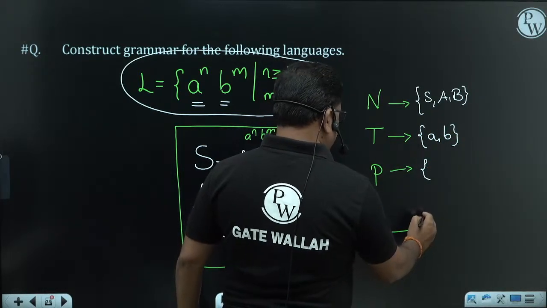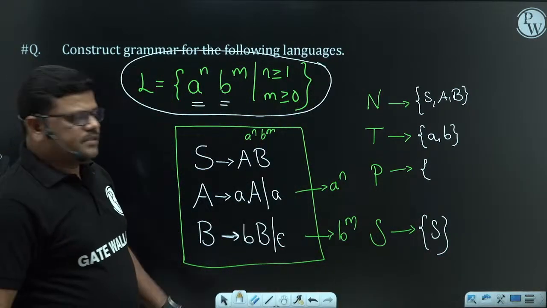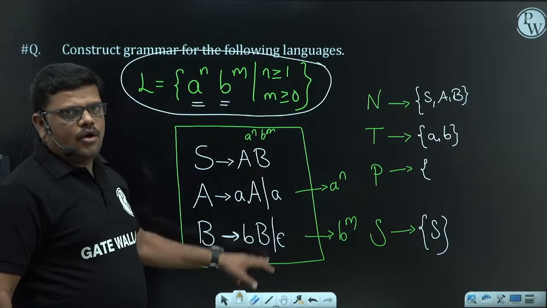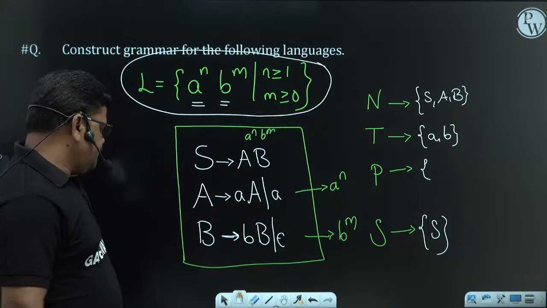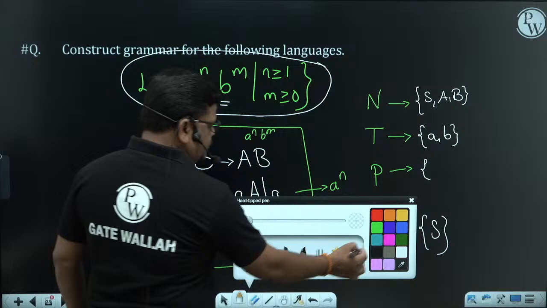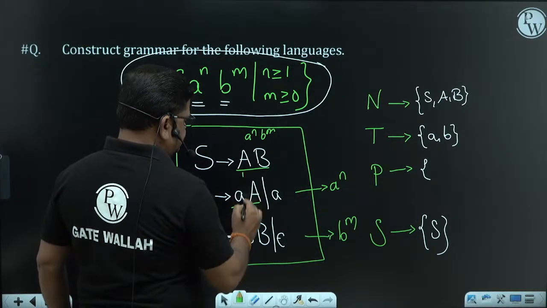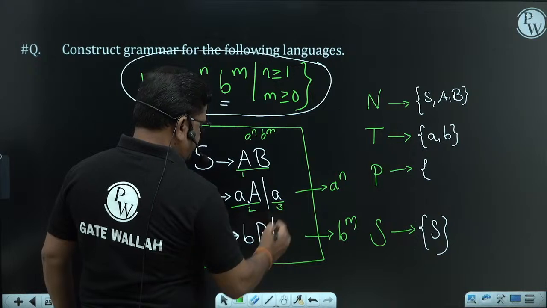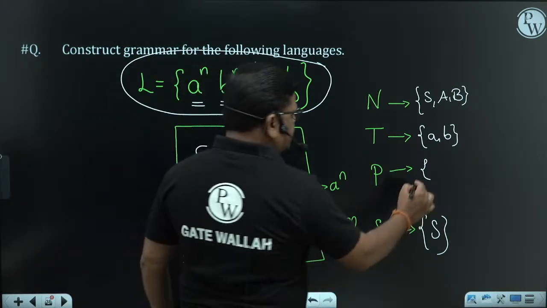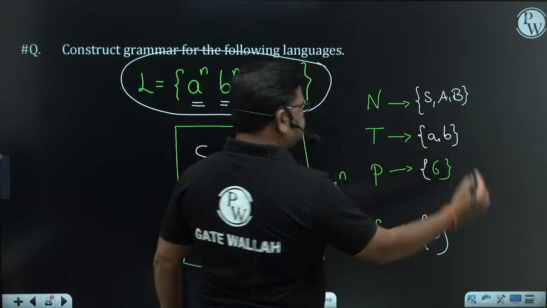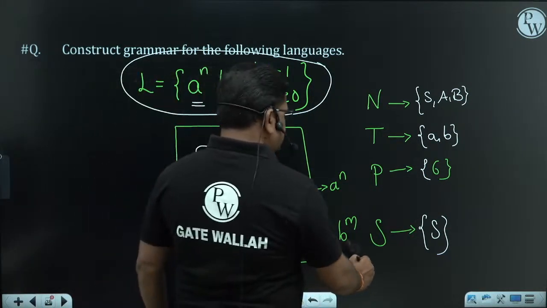Starting symbol is S. How many productions exist in this grammar? Whenever this or symbol is given, then this side one production, this side one production, two productions, we have to count here. So for this, one production, 2, 3, 4, 5. So the total number of productions is nothing but 6. So this is the total NTPS analysis on this grammar.